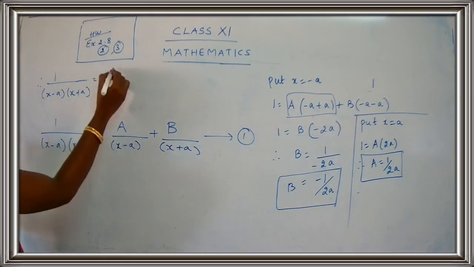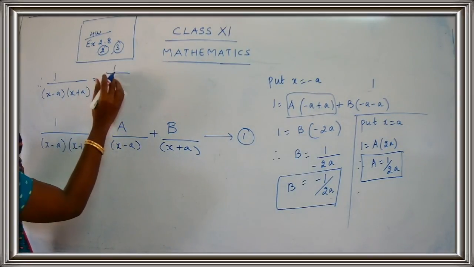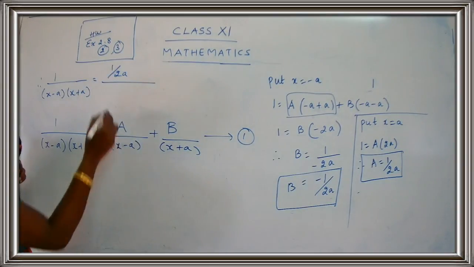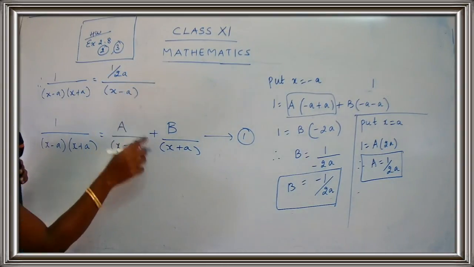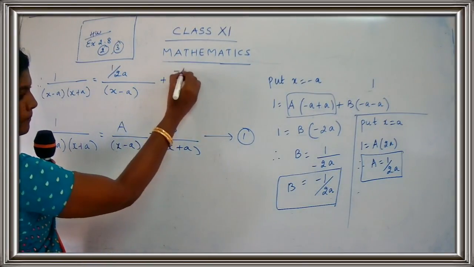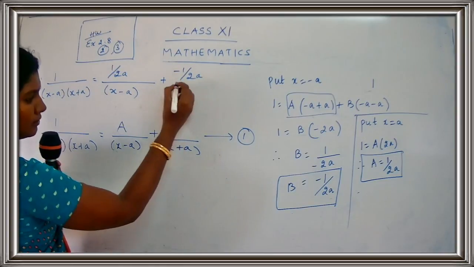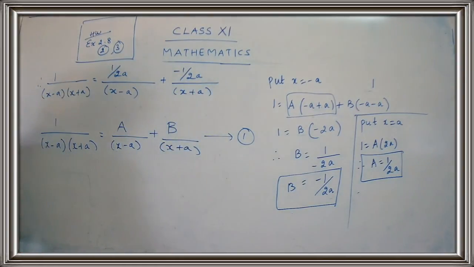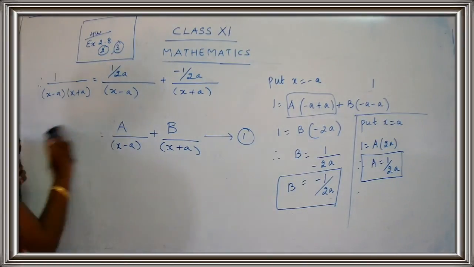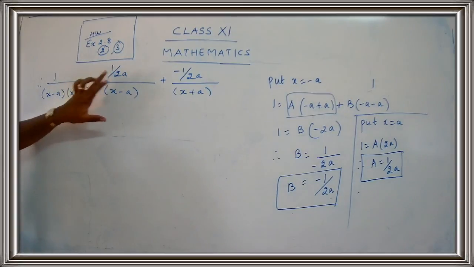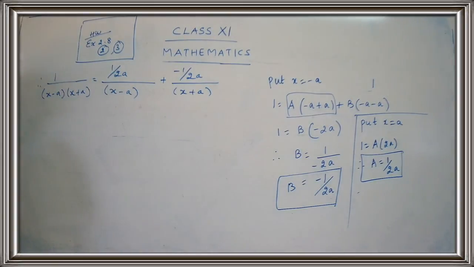What is a, children? 1 upon 2a into x minus a, plus minus 1 upon 2a into x plus a. Okay. So I'll rub this part now. So I have substituted the value for a and b. Now we have to just write down in proper order.